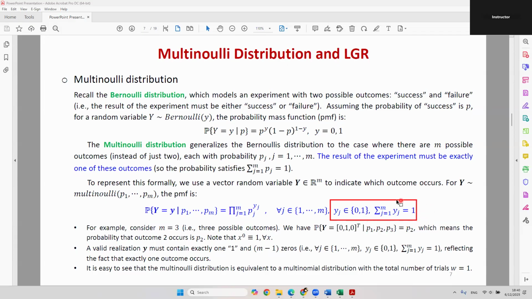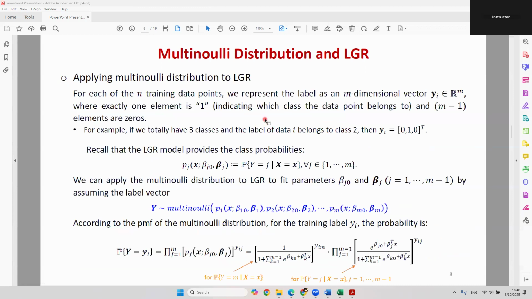This means that among all these y1, y2 till yn, there must be exactly one 1, and the n minus 1 others are zeros. This is the interpretation: a valid realization must contain exactly one 1 and n minus 1 zeros. In other words, for binary labels yj, the summation of them must equal 1. Okay, so that's the point.